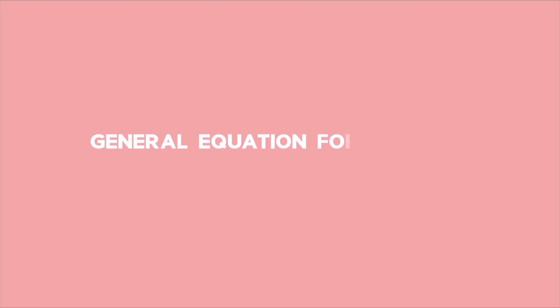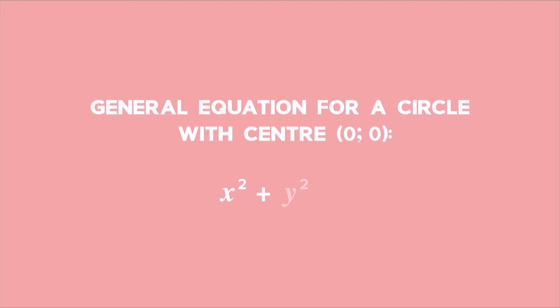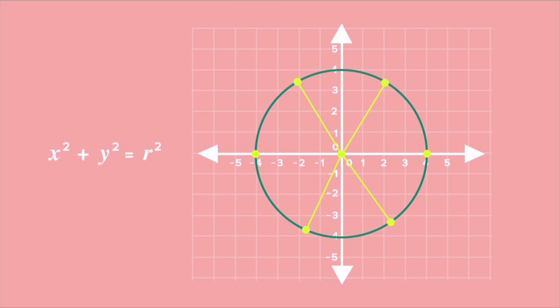The general equation for a circle with the center at the origin and radius r is x squared plus y squared equals r squared. Here is a circle with the equation x squared plus y squared equals 16. It is centered at the point (0, 0) and has a radius of 4 units.